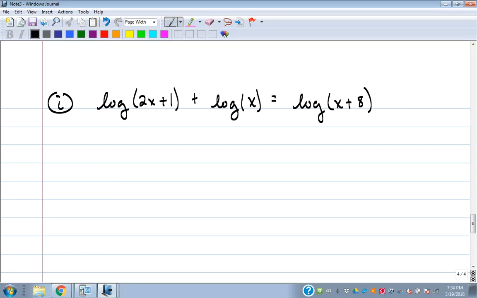Could we combine those? Yes, you can, but how do you do it? Adding becomes what in logarithms? Multiplication. So if we combine those two, it's going to turn into log of x times (2x plus 1), which would be 2x squared plus x.